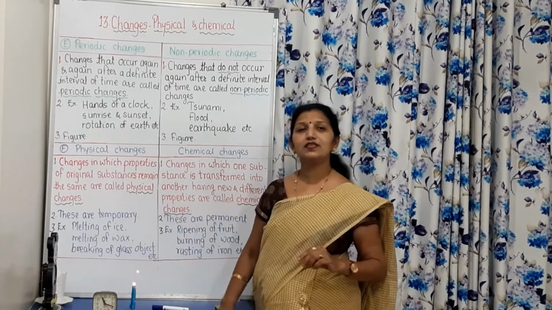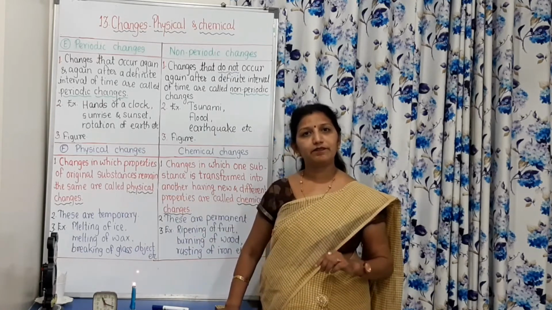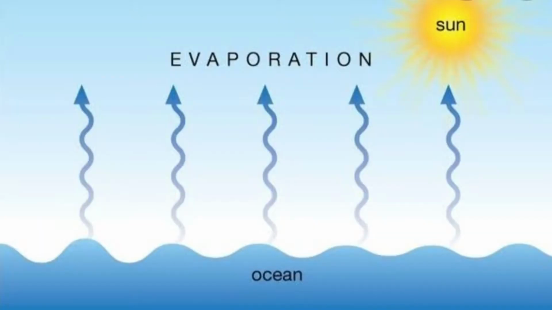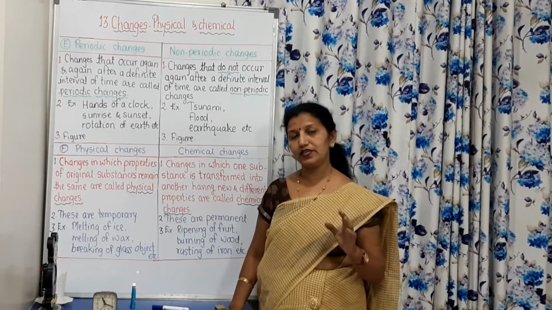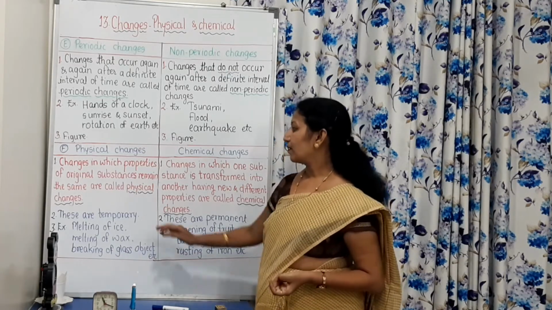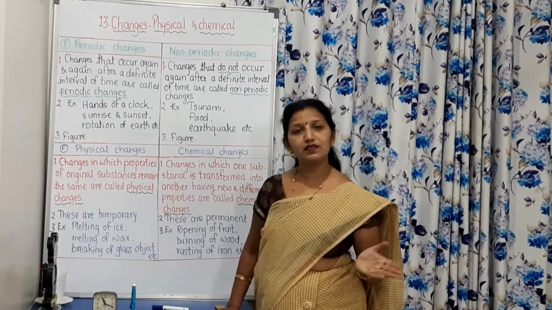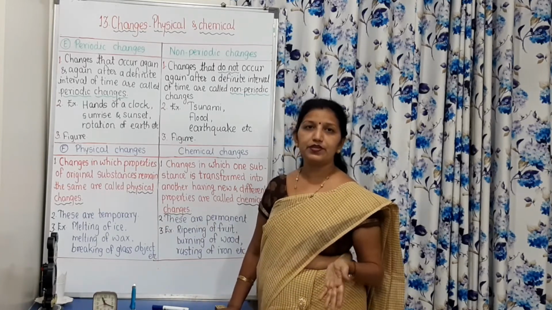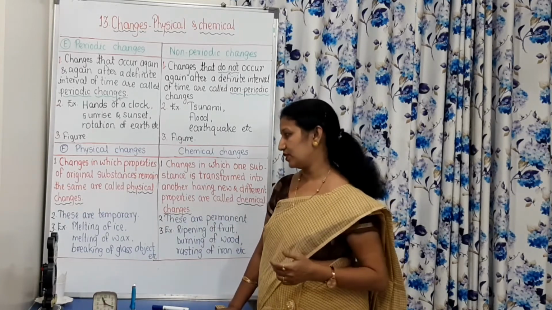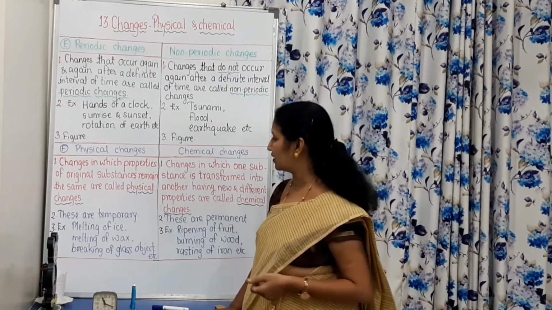The properties remain the same. Then when it is converted into water vapors, the original substance is still water and it does not change its properties. And these are temporary. We can also convert water into ice and ice into water. It is also a reversible one.